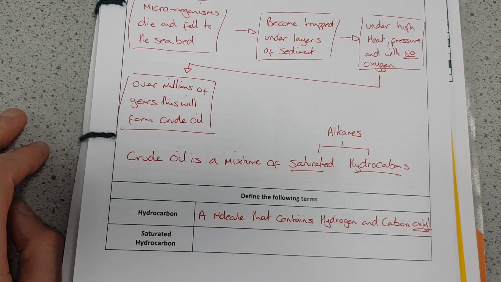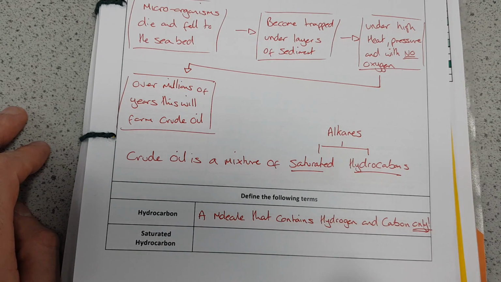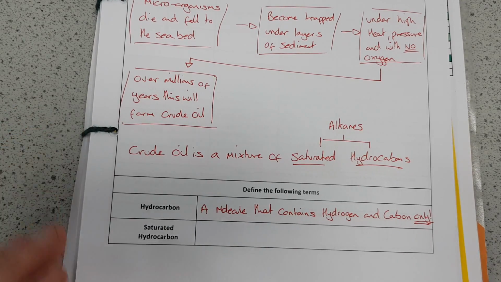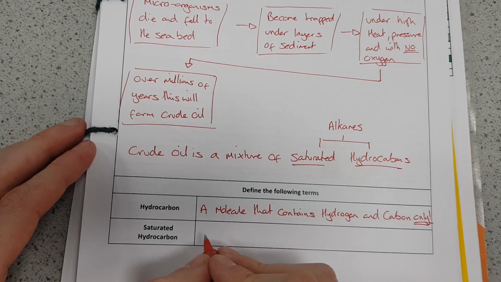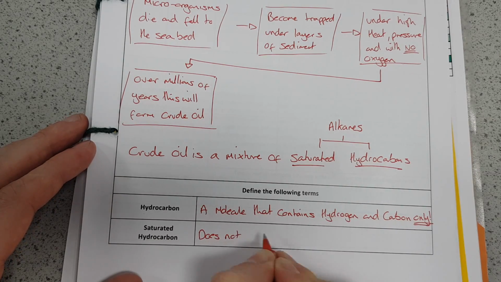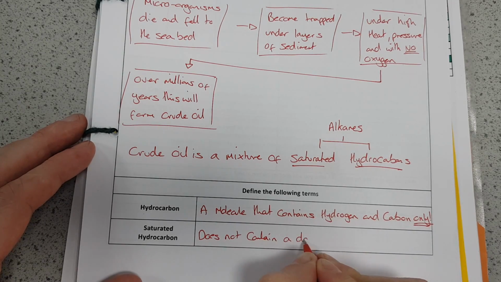Usually, defining a hydrocarbon is worth 2 marks, one for saying that it contains hydrogen and carbon, and the second mark for saying only. In terms of it being saturated, what we mean by that is it does not contain a double bond.